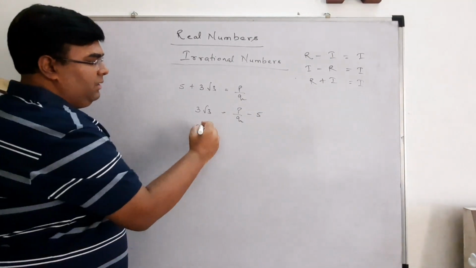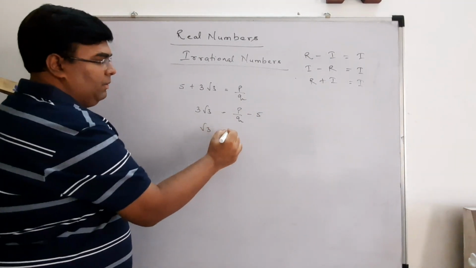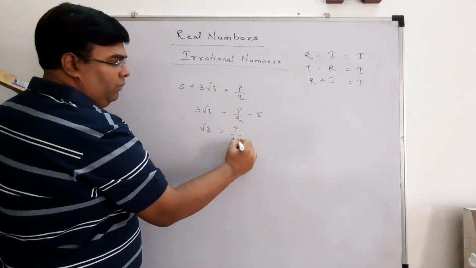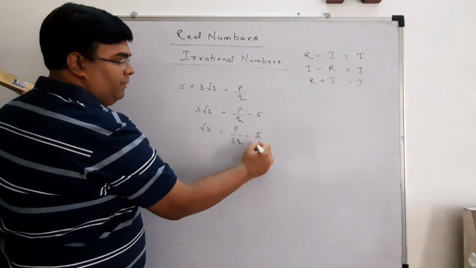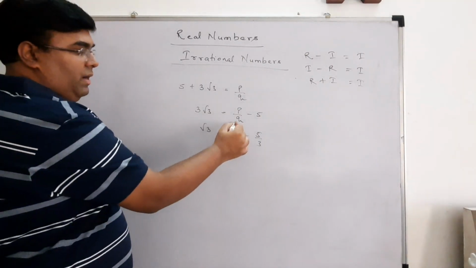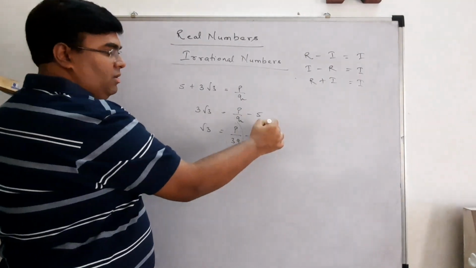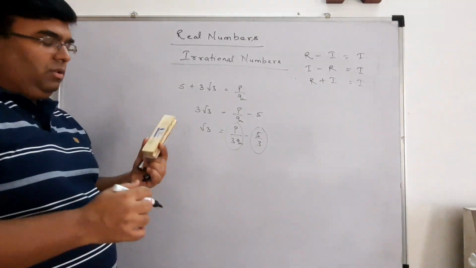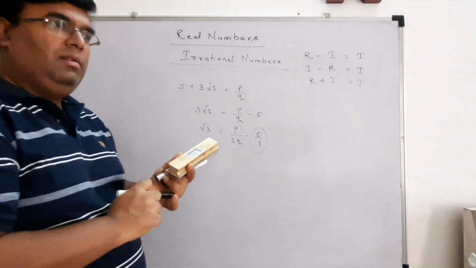Correct? And then root 3 will be what? We divide everything by 3. P by 3q minus 5 by 3. This is also a rational number. This is also a rational number. Rational minus rational will give you rational, but we know that root 3 is irrational. Correct?